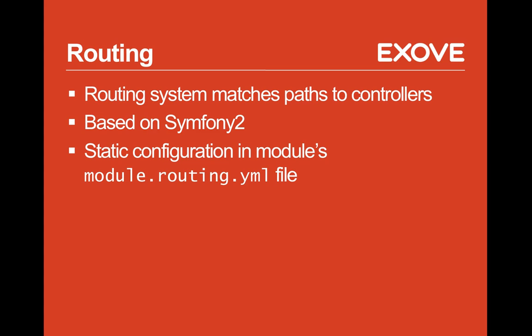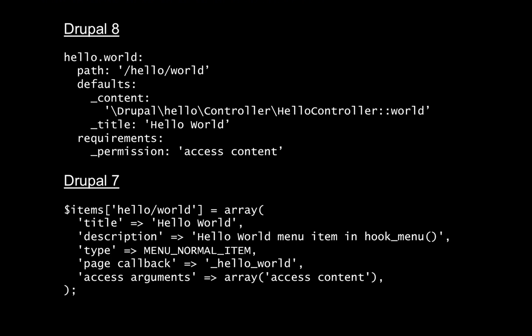And that's where we get the YAML. The module.routing.yaml file is in the root of the module directory, and it's very much the same stuff that we are used to having.